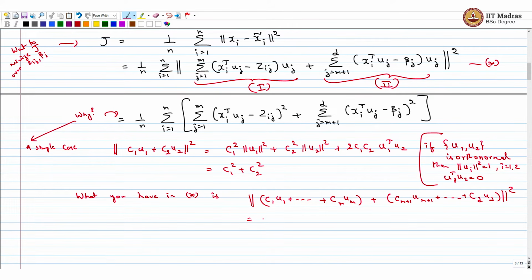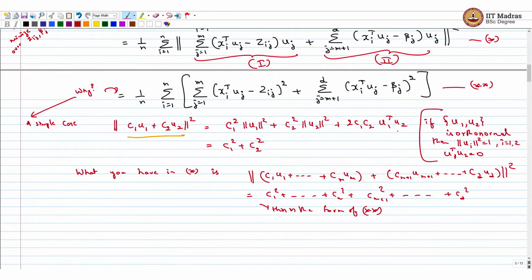Now this square is going to be equal to just the individual squares, simply because I can extend this logic all the way here. So I would get c1 square plus cm square plus cm plus 1 square plus cd square, which let me call double star, and this is the form of double star.